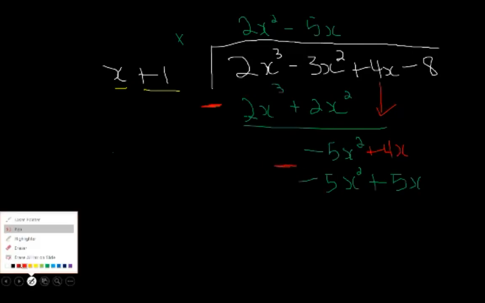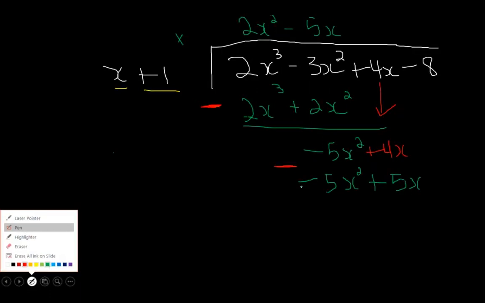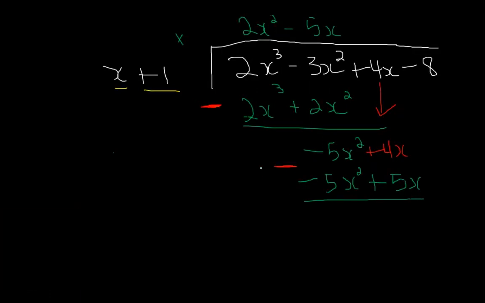So what does this become? Well, minus 5x squared minus minus 5x squared. A minus and a minus gives me a plus, so it means 0. Remember, you don't have to write it, it's understood. Then 4x minus 5x gives me minus x.